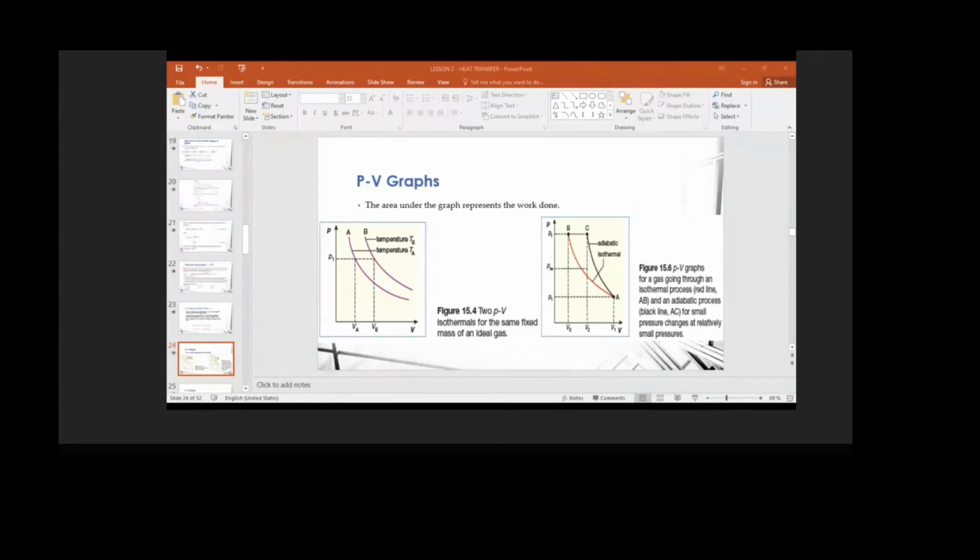An adiabatic process is basically one that does not release heat to the environment or take heat from the environment. But inside the container, the temperature can change. It's like you're in a room where the heat that is in the room will never leave the room.